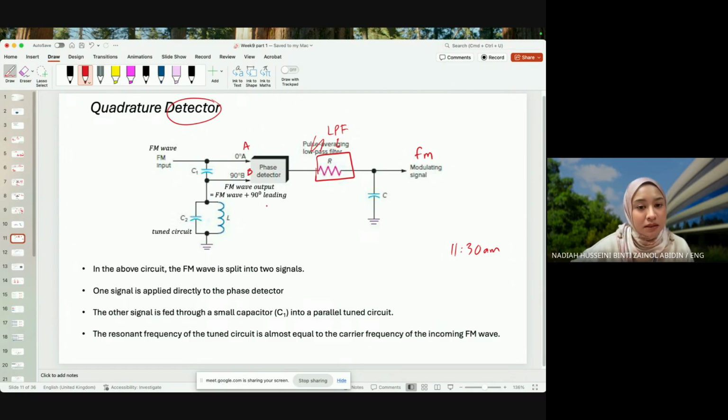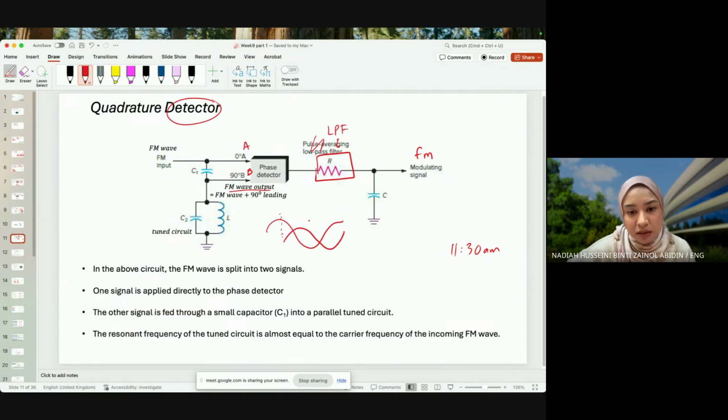It is the same input, but now it's called FM wave output, whereby it is the same FM wave phase shifted by 90 degrees. So if we have this kind of signal, 90 degrees is a quarter of a signal. So leading is, it starts earlier. This is going to be hard.